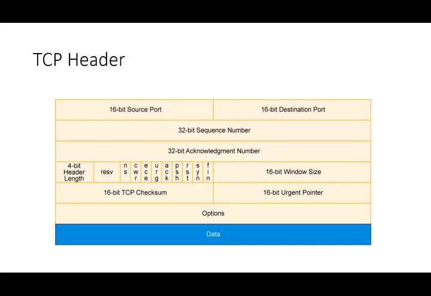So as we go through that three-way handshake, if it were a SYN-ACK, I would be synchronizing in one direction and acknowledging the session as well. So I would have both of these bits turned on.